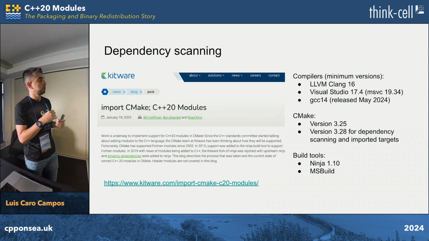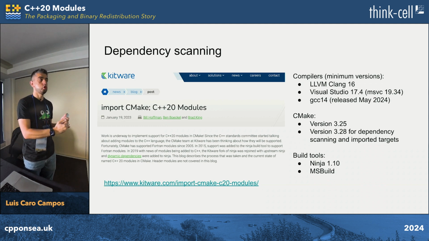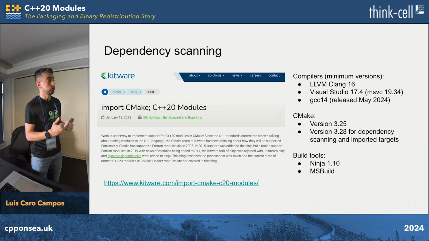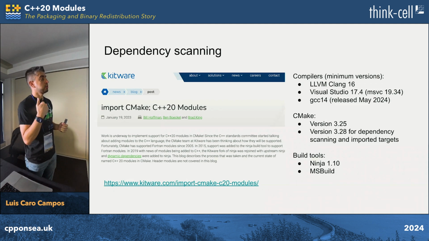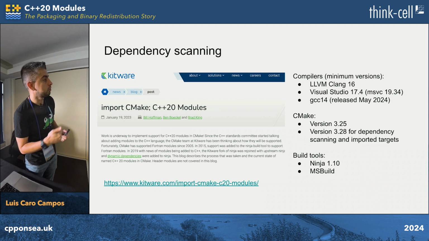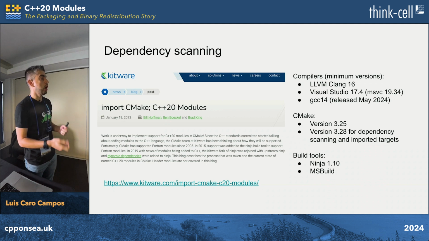And that method of dependency scanning, asking the compiler, hey, can you tell me which modules you depend on per source file and which modules you export if you export any, is available in Clang 16, in MSVC from Visual Studio 17.4, and in GCC 14, which was just released, I think, a little over a month ago. And for CMake, you're going to need version 3.28 for two things.